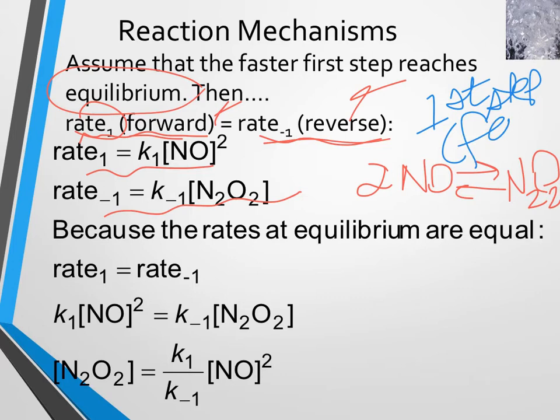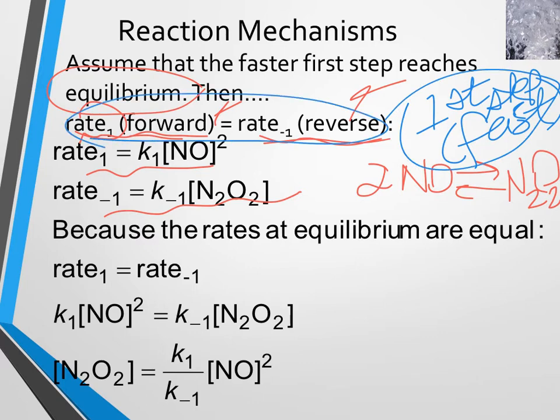It is not the rate determining step, but it's going to help us get our rate law in terms of all reactants. So the fast step, again, we're going to assume it's at equilibrium. Therefore, we can say the rate of the forward reaction equals the rate of the reverse. So what is the rate law for the forward reaction here? It is k times the concentration of NO squared.